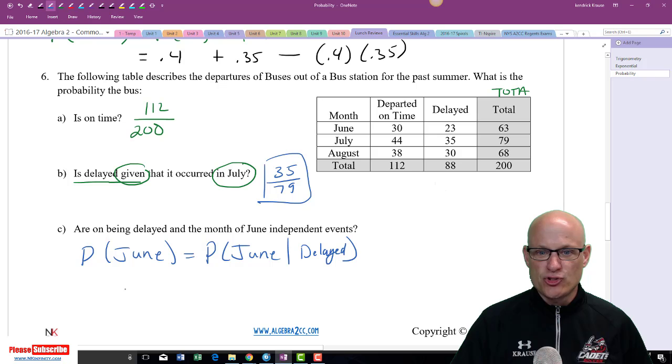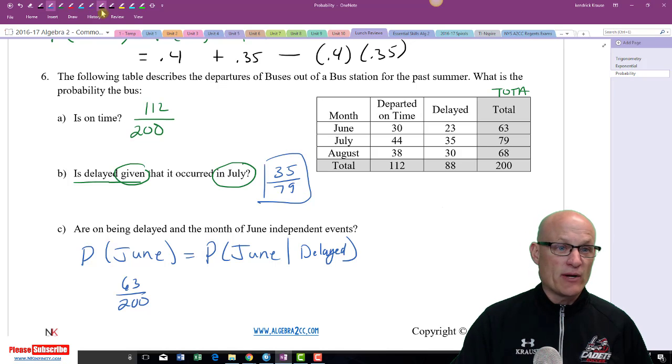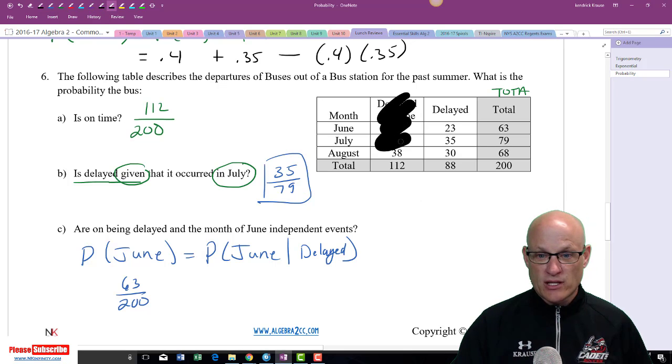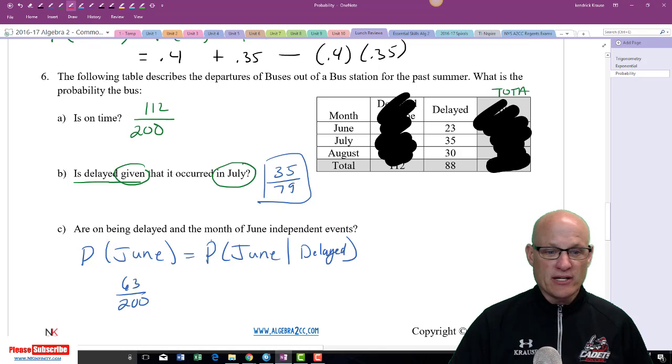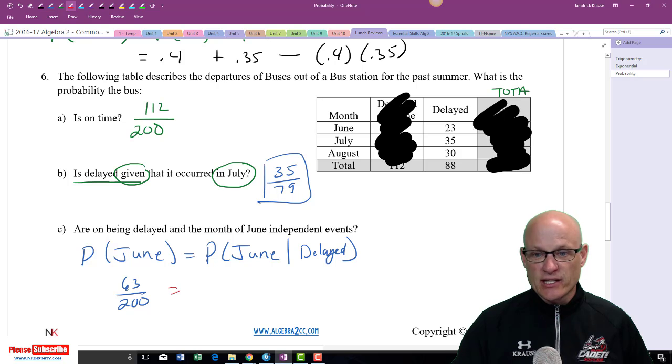Well, the probability of June is 63 out of 200. The probability of June given delayed. Now, wait a second. Given delayed means I'm only allowed to look at delayed. So there it is. June given delayed is 23 out of 88.